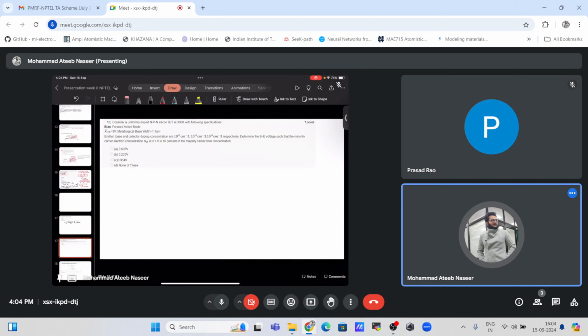So let us move to another problem, which says that we have to consider a uniformly doped NPN junction, and this NPN BJT has some specifications. First of all, it is in forward active mode, that is the base emitter junction is forward biased, and the collector base junction is reverse biased.